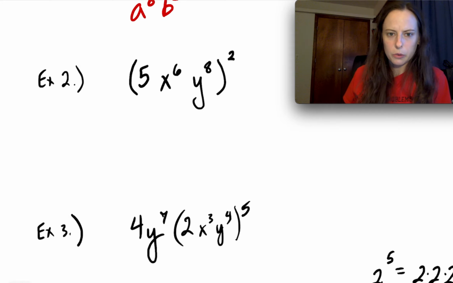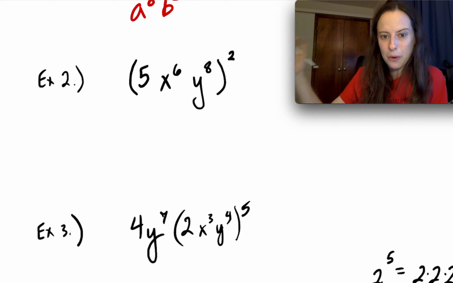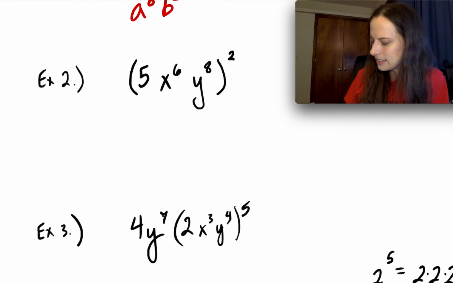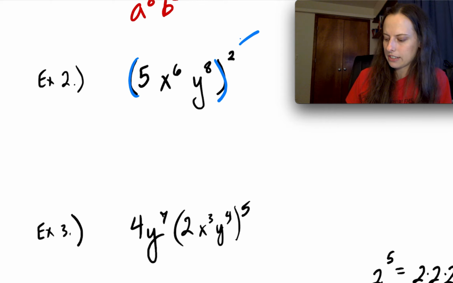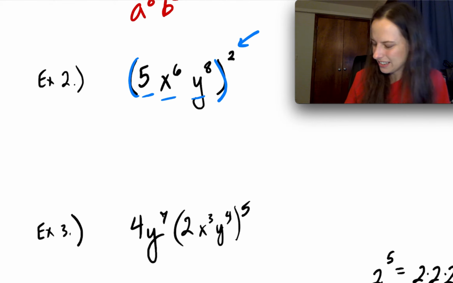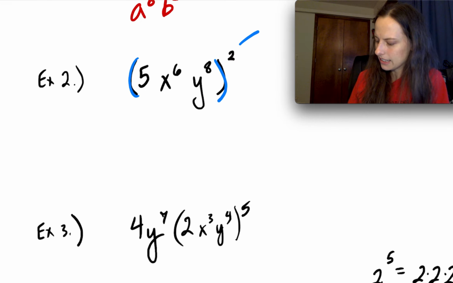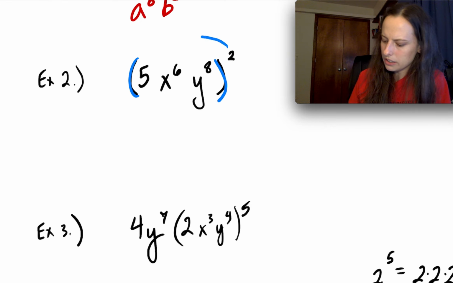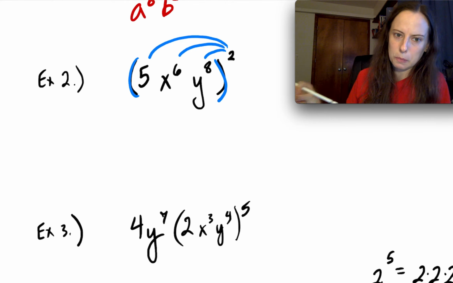All right, this is kind of an extension of the power rule, where we see all of this stuff inside the parentheses raised to an exponent of 2. So when you see a bunch of different bases and exponents all in parentheses raised to a higher power, that exponent 2 is going to distribute to each one of those things inside the parentheses.